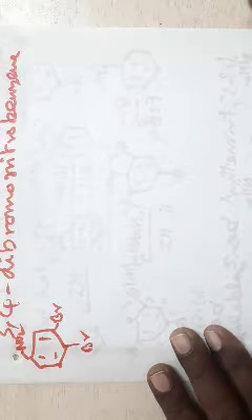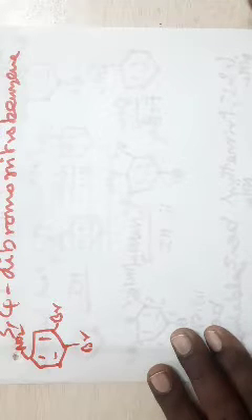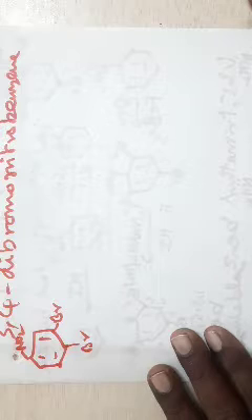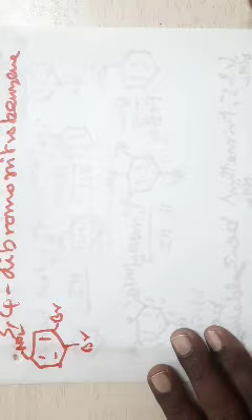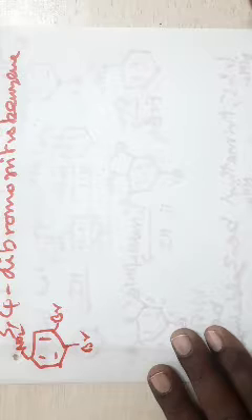Now we may have a doubt whether the starting material is nitrobenzene or bromobenzene. What will be the starting material? If you start with the nitro group, then the compound is deactivated, and the reaction will be very slow.